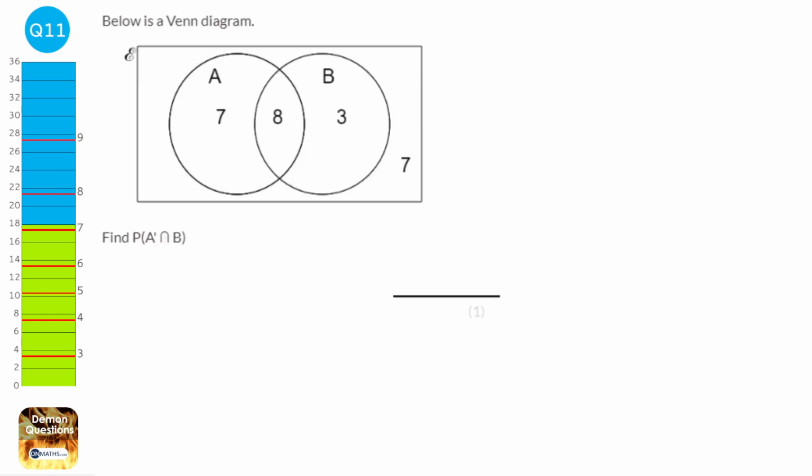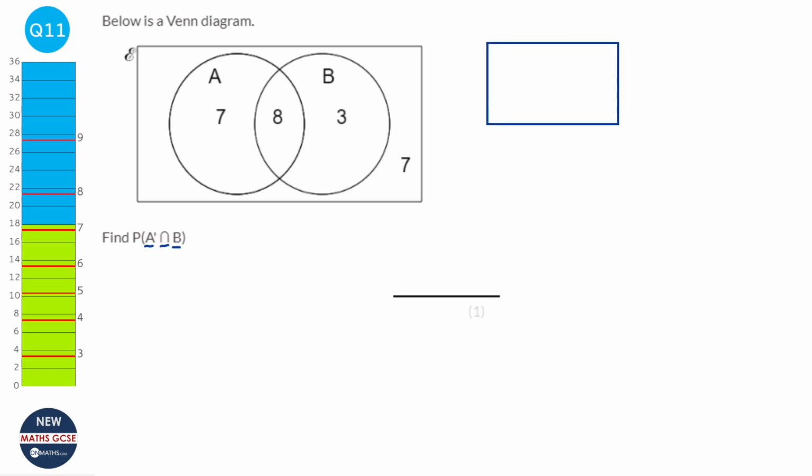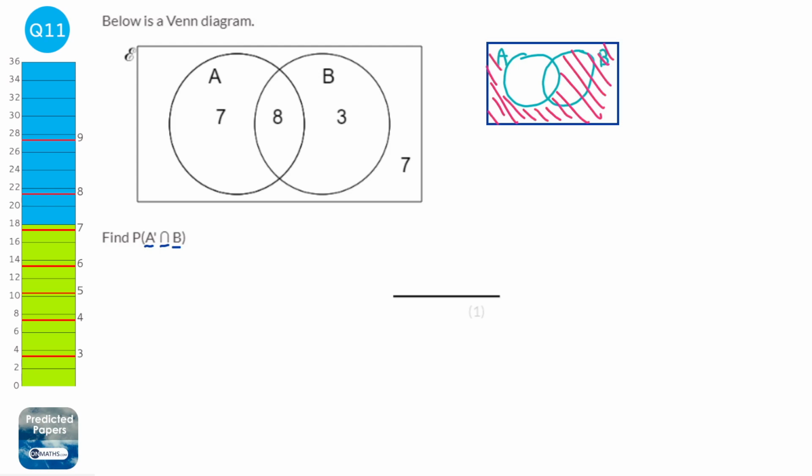So this question is asking us to find the probability of not A and B. So if we look at, and I'm just going to quickly draw out a similar Venn diagram. If this is A and this is B, then not A will be everywhere apart from A. So it will be all of this here.